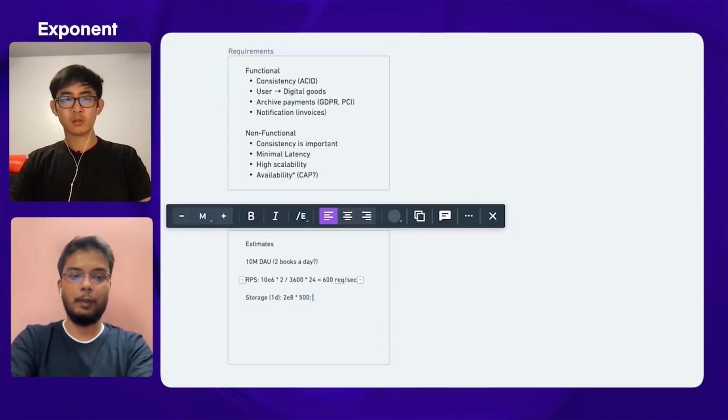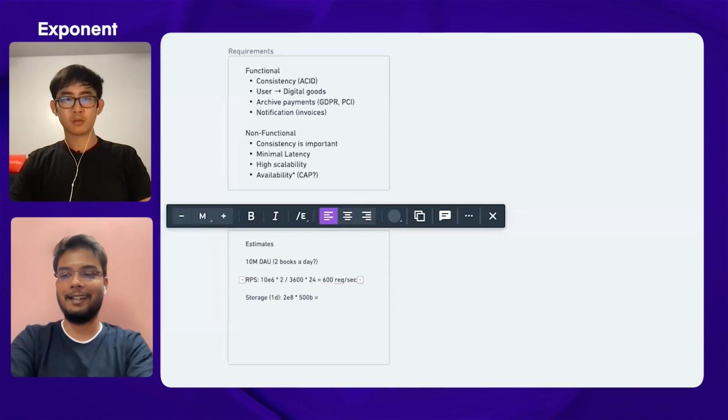We'll just be storing transaction IDs, and we'll look into that in detail when we get back to the data model. But let's assume 500 bytes for just back of the envelope estimation.